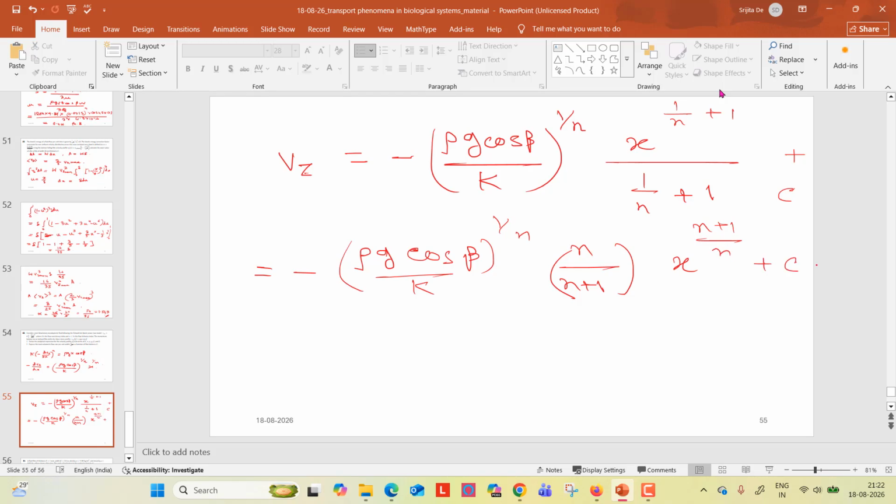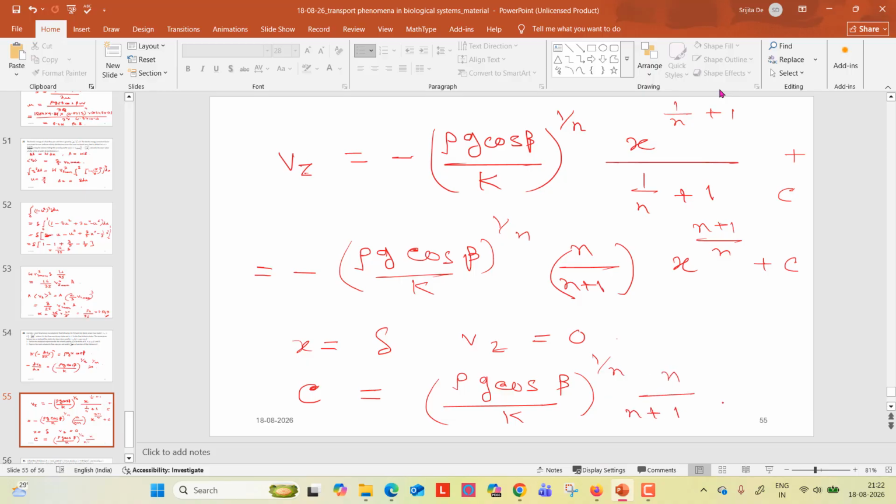Now from the inclined plane boundary condition, we know that at x equals delta, Vz equals 0. So c will be coming as rho g cos beta by K to the power 1 by n into n by n plus 1 into delta to the power n plus 1 by n, right?